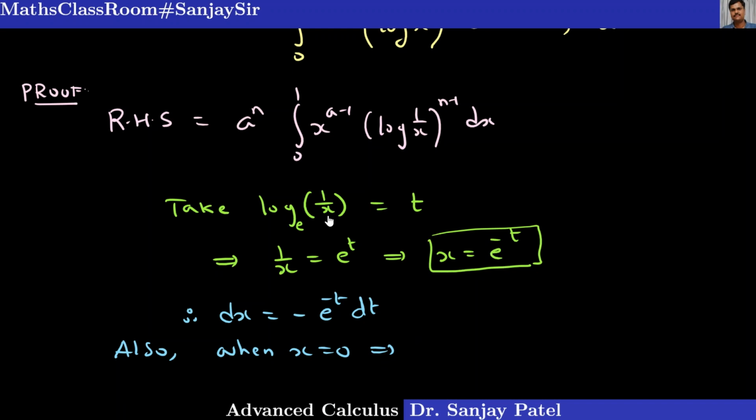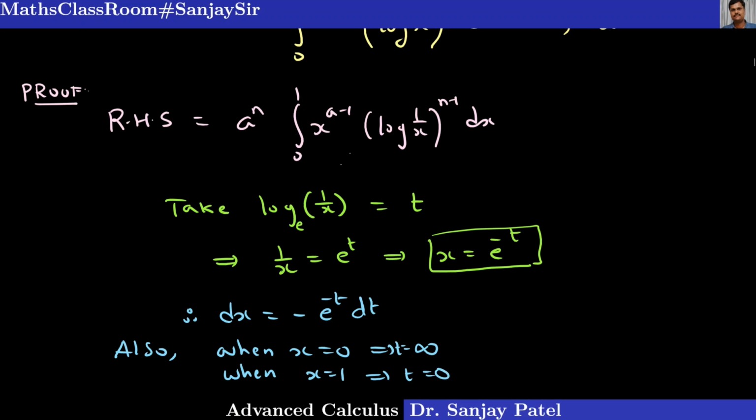You can put x equal to 0 here also. So t is equal to, say, infinity. And when x is equal to 1, if we put x equal to 1 here, log 1 is 0, so t is equal to 0.